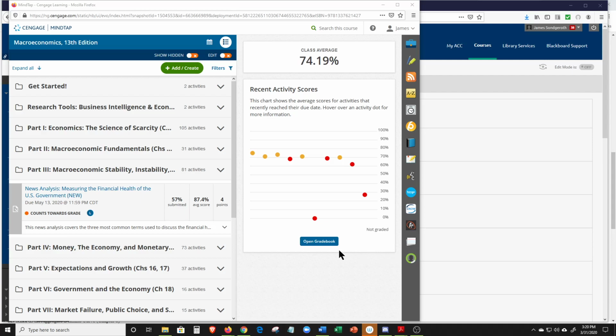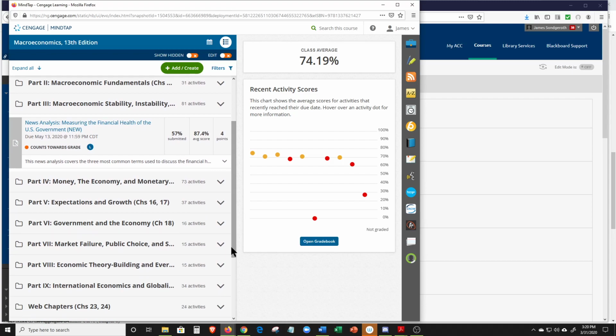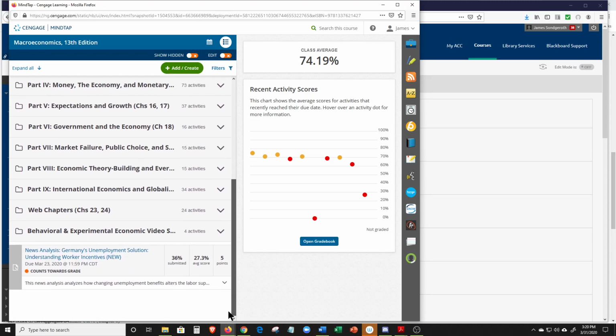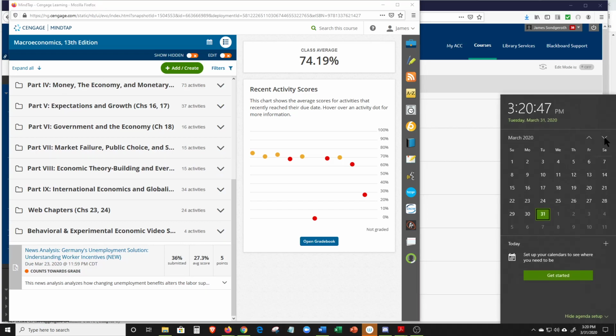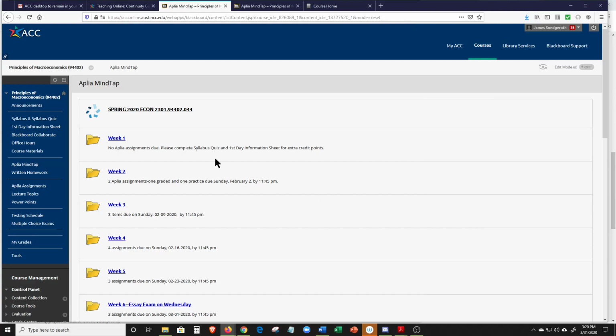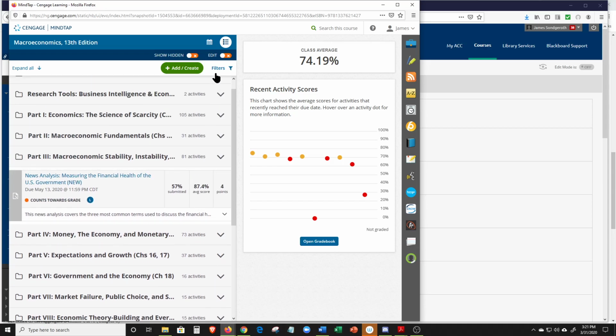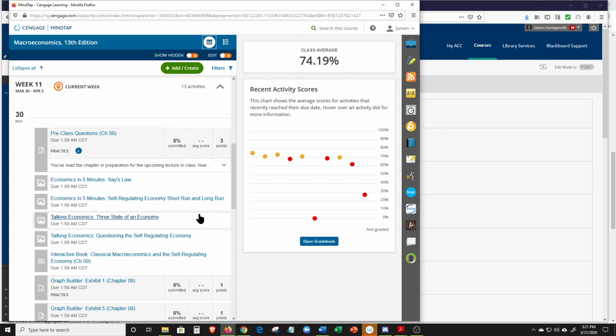What I wanted to check is to make sure that I changed all the due dates from here on out for this class. I think I set them back to May 13, I believe, in this class. Let's check that out. I think I can see them by date.